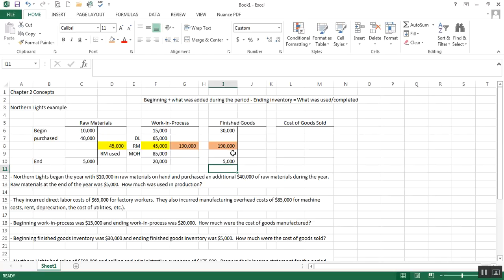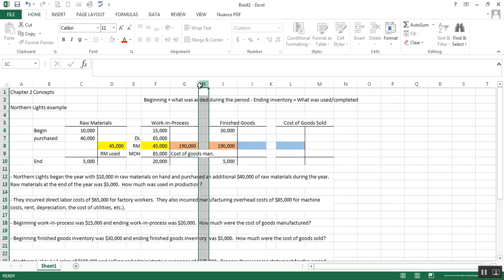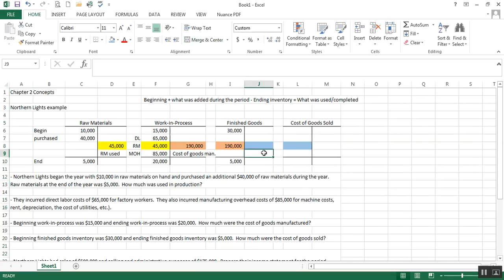So what happens with our finished goods? When do we credit our finished goods? We do that when we sell the product and it moves to cost of goods sold. So here it was cost of goods manufactured, and here it's going to be your cost of goods sold.